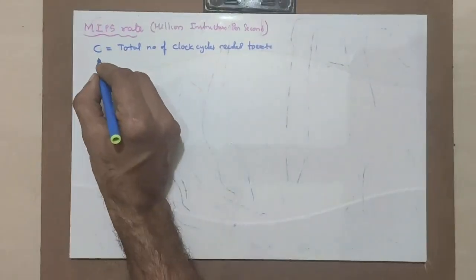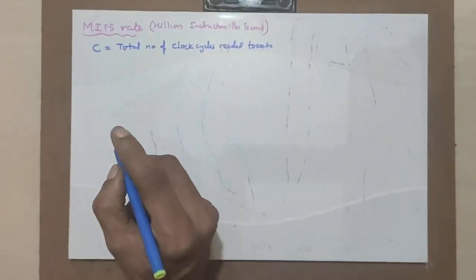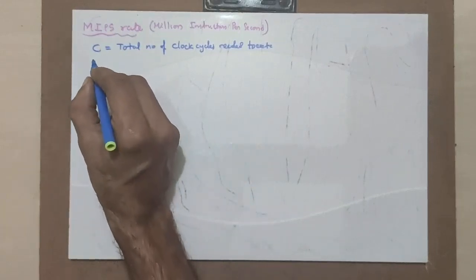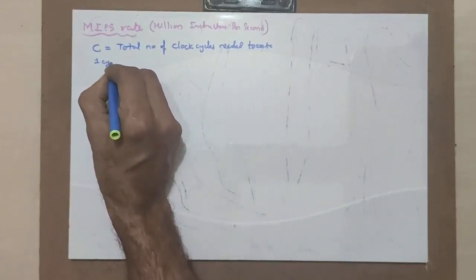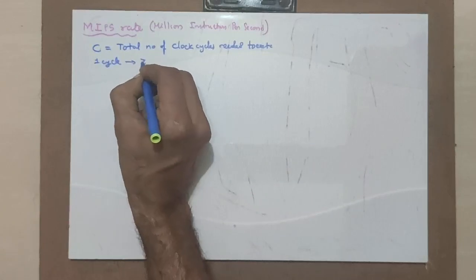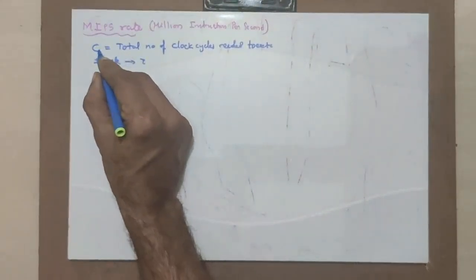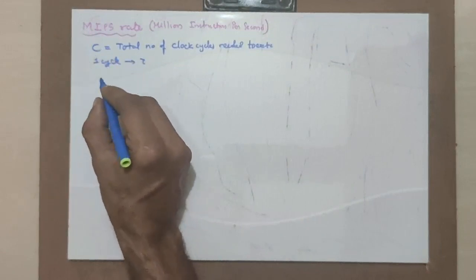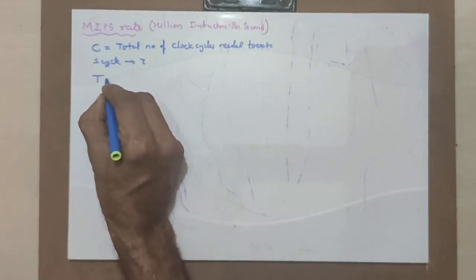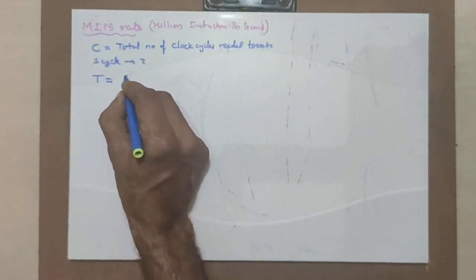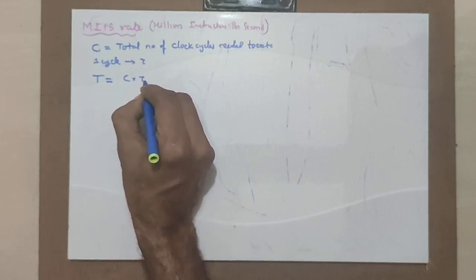Now, you know that one cycle takes a period of tau. How many total cycles are taken by the processor to execute? C number of cycles. Hence, processor time T is given by C multiplied by tau, isn't it?